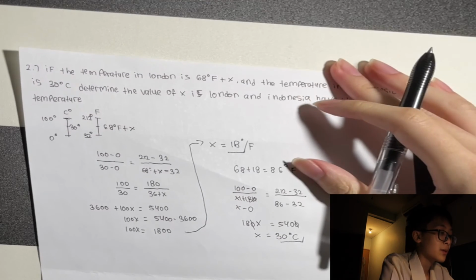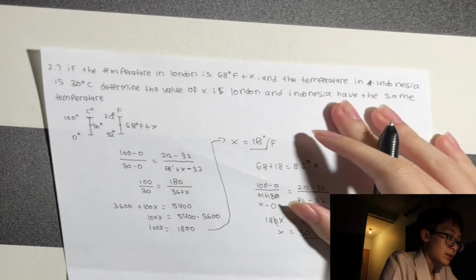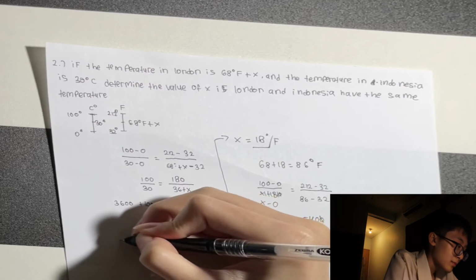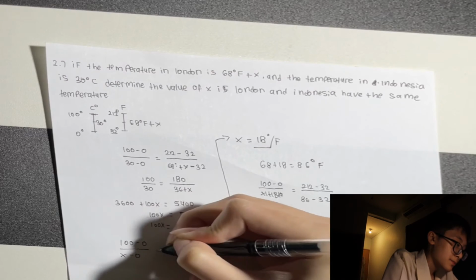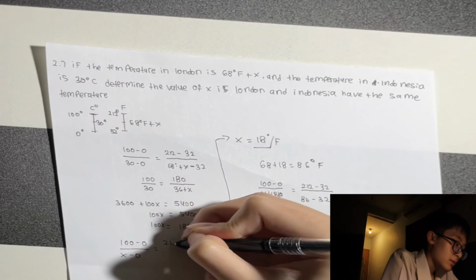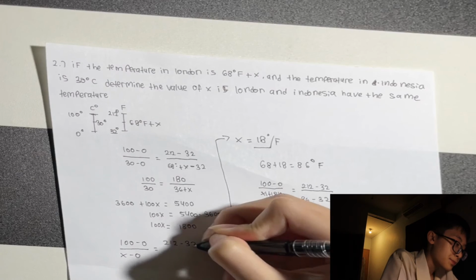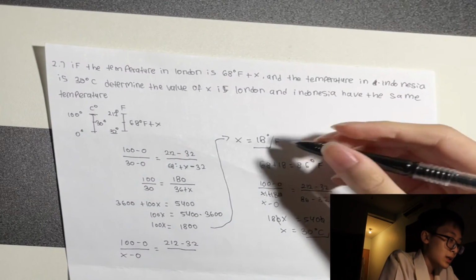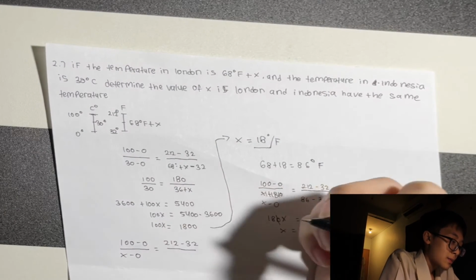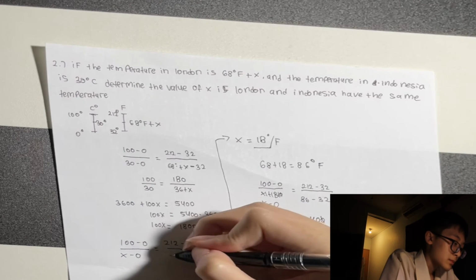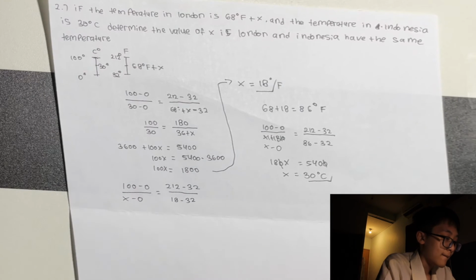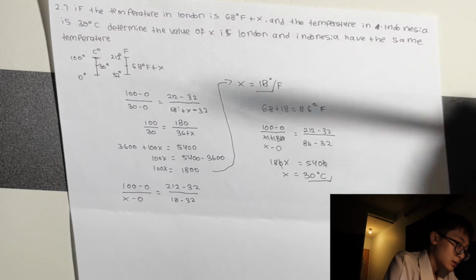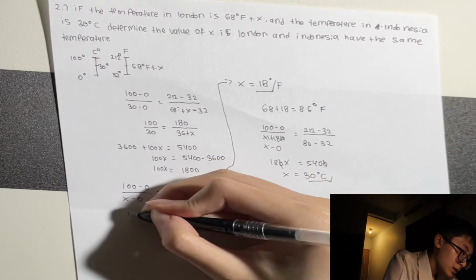So our answer is 18 degrees Fahrenheit. If you want to change it to Celsius, you can do it like this. 100 minus 0, x minus 0, 212 minus 32, and 18 degrees Fahrenheit, 18 minus 32. This one will become 180x.